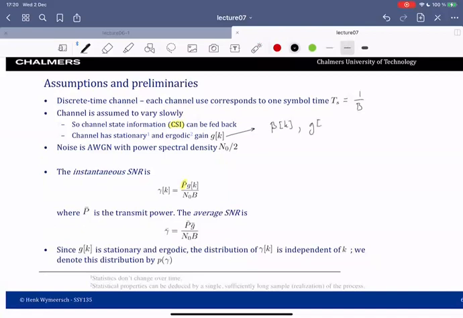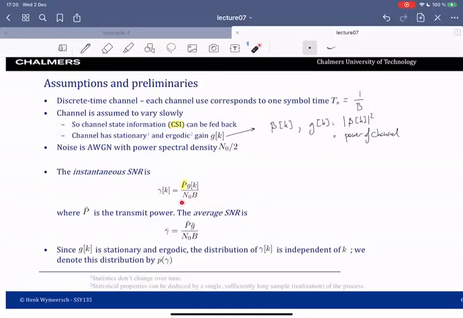And then G of k is equal to absolute value beta k squared. So this is the power of the channel. Right, so then the transmit power, the power of the channel over the noise power. So noise power spectral density times bandwidth.